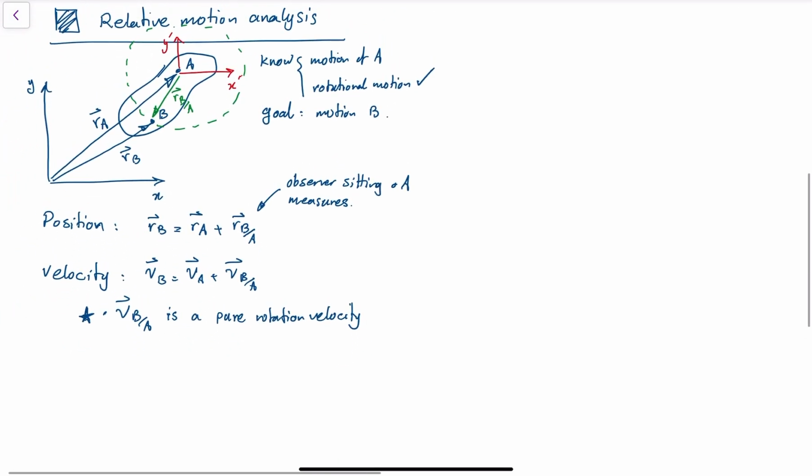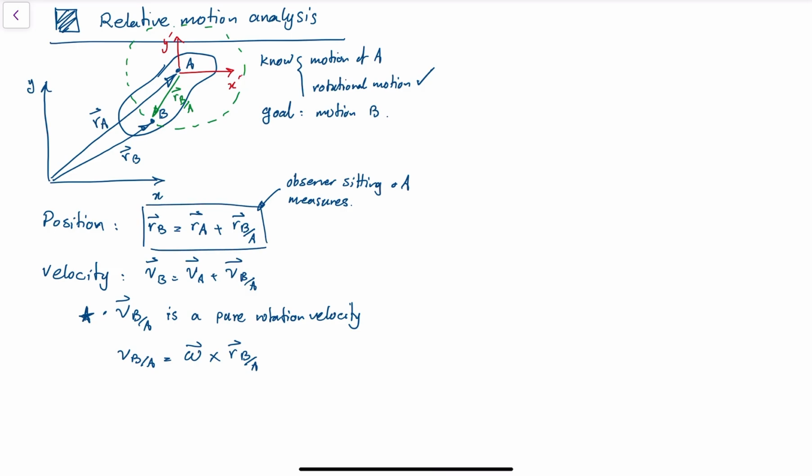And here V of B relative to A, because it's a rotational velocity, remember we can write it as omega cross R, this position vector, which in this case is R of B relative to A. So putting everything together, V of B is V of A plus omega cross R of B relative to A. And here you see why the vector notation that we introduced in the last section is extremely useful.